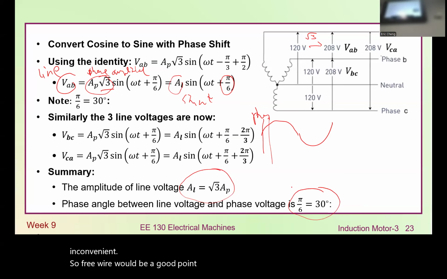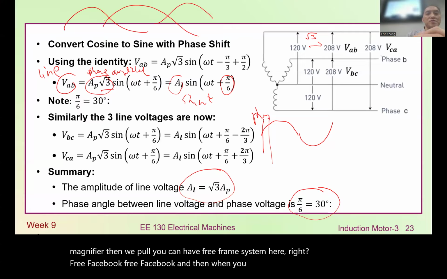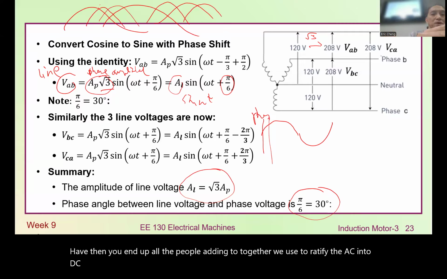And then you see that when we have a 3-phase rectifier, you have a 3-phase system here, right? And then when you rectify them, you end up with all the ripple adding together. We usually rectify the AC into DC anyway, so the ripple here will be quite small already.